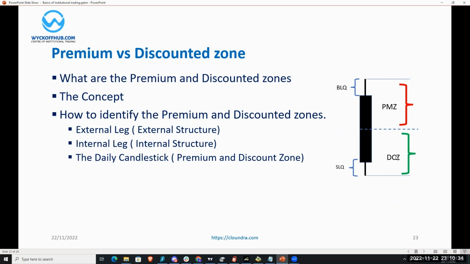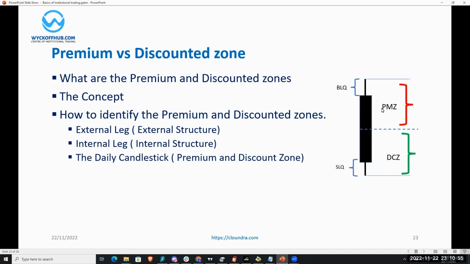The concept is that if the institutions want to buy some assets, or add additional positions on their asset, they will always buy at the discounted zone. If they want to dispose of some assets, or go short, then they will always try to dispose of or short from the premium zone.